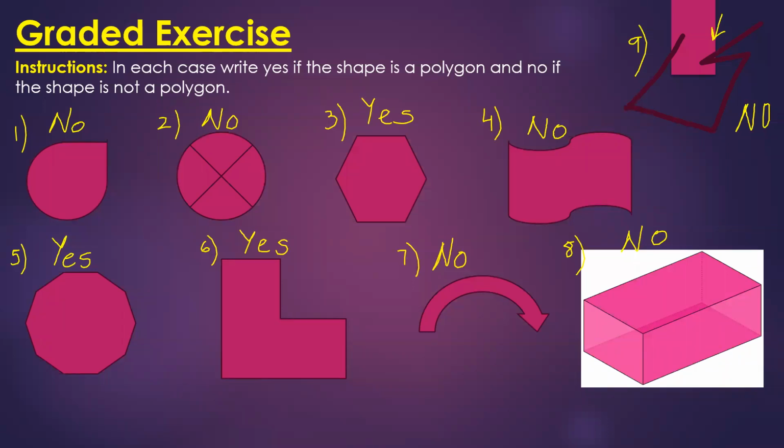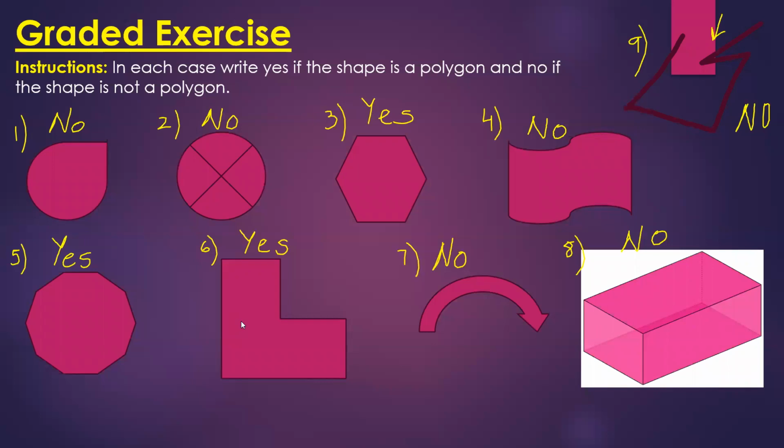Okay, it's not spherical. What does it have? Straight sides or curved sides? It has straight sides. Very good. Is it a closed shape or open shape? It's a closed shape. Very good. Is it 2D or is it 3D? 2D. Very good. It's 2D, so that makes it a polygon.